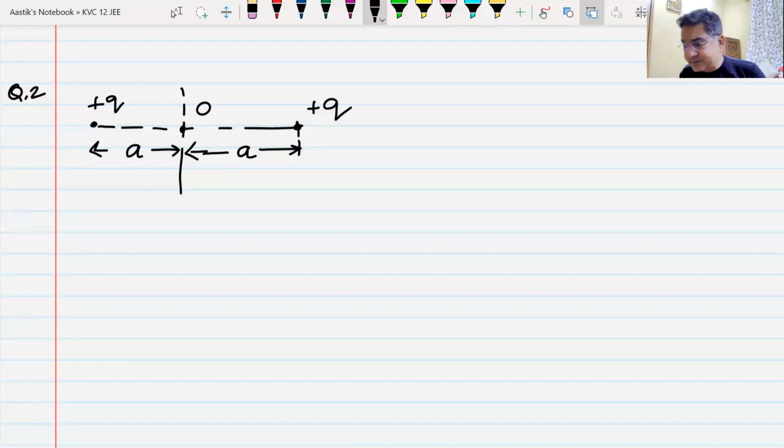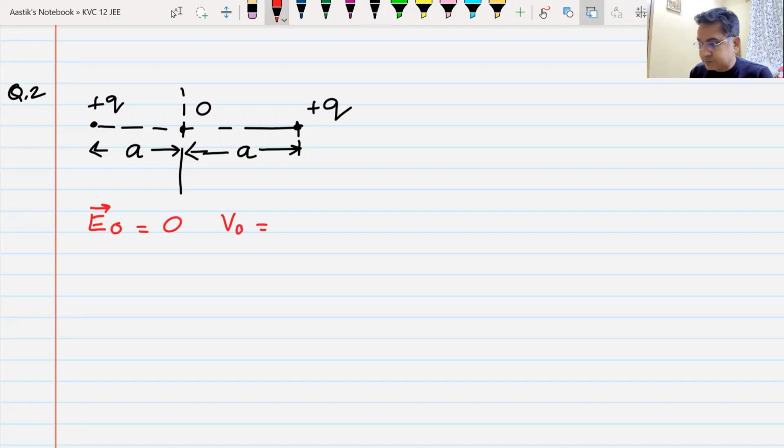Now comes this diagram. What is the electric field at point O? 0, sir. What is the potential at point O? 0, sir.